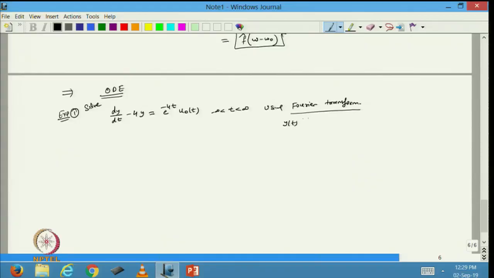So in this case we assume that y(t) satisfies all the sufficient conditions for the existence of the Fourier transforms. Let us apply the Fourier transformation on both sides.